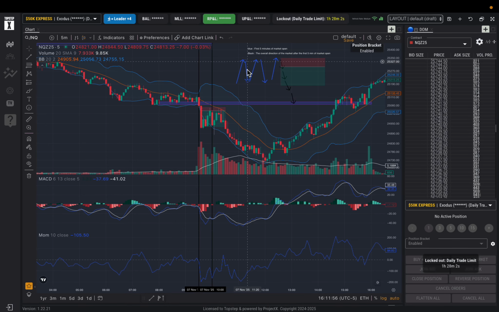This moves big and large, manipulates, and then after the 5 minutes, the market will expose its direction. Like here, the first 5 minutes of market open is blue, the overall direction of the market, and that's how it works. It's all about momentum and basically ignoring the manipulation. It's almost like they're trying to deceive you, because that's what happens at market open. People are buying, people are selling, and that makes the market way more volatile in those moments.